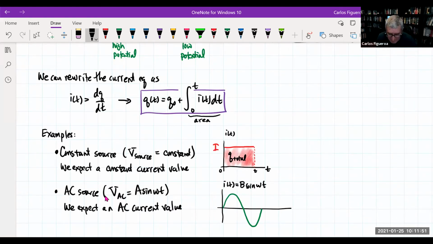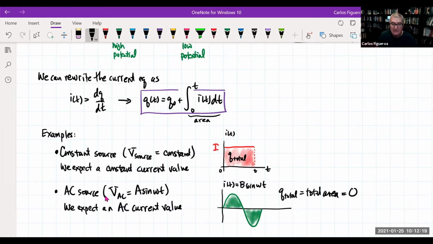If you look at how much charge was acquired by the element during this brief moment of time, you can see that there's a positive pulse, and now there's a negative pulse. So if I look at Q total, the total area, this area must be 0.